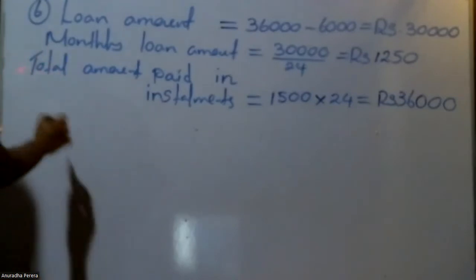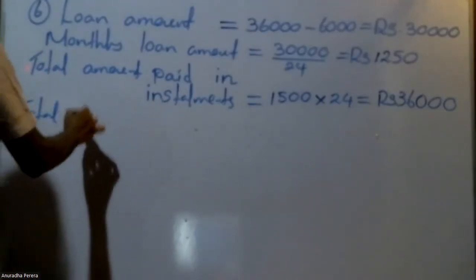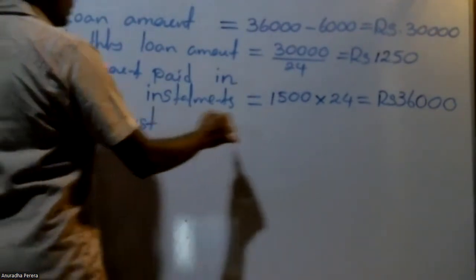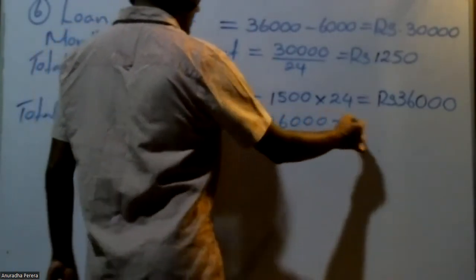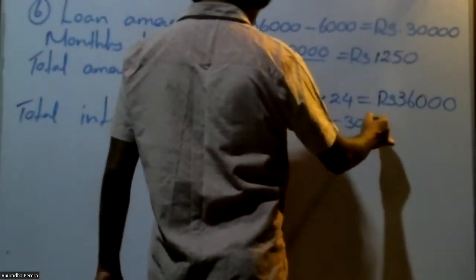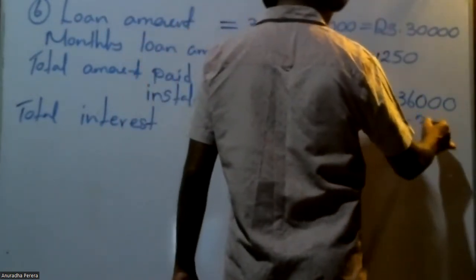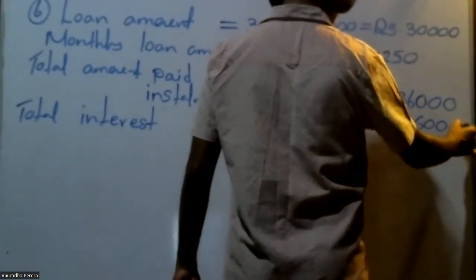Then we can determine total interest. We know amount paid with interest is 36,000, but the loan amount is 30,000. We can determine it is 6,000. This is the total interest.